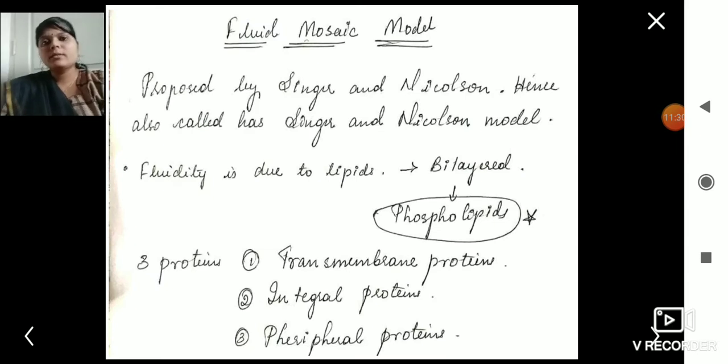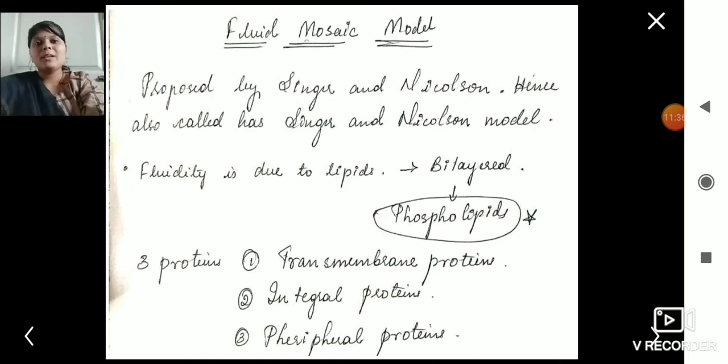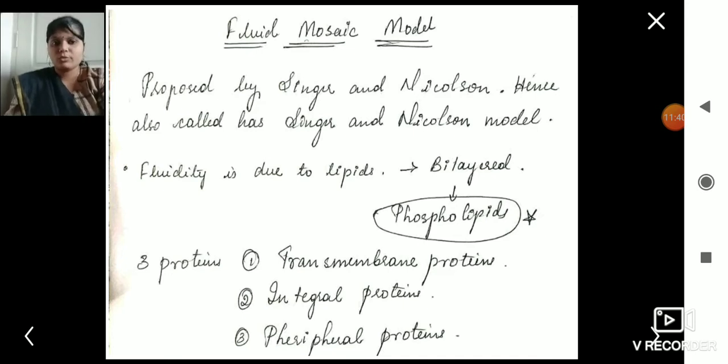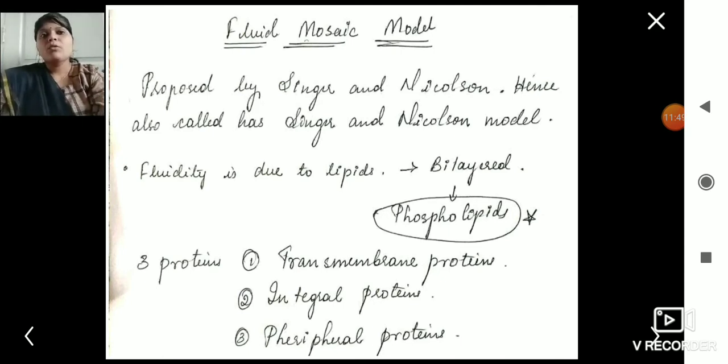Next we'll move on to a model of how exactly the plasma membrane looks, and how the proteins are present as receptors. Here is a very well accepted model, which we call the fluid mosaic model, proposed by Singer and Nicholson.